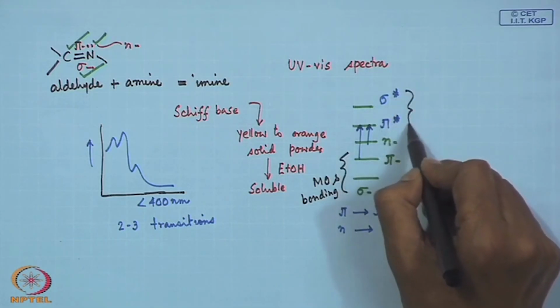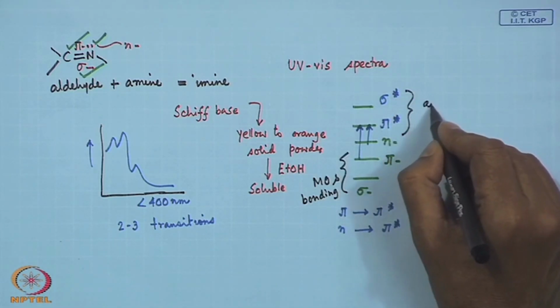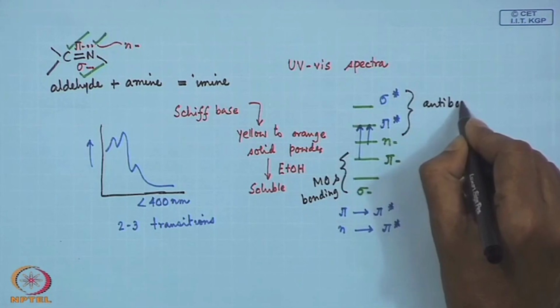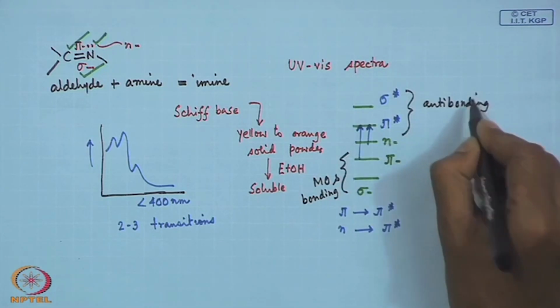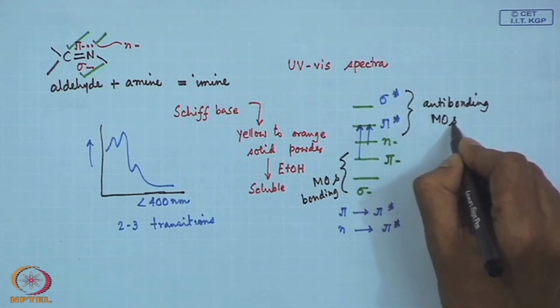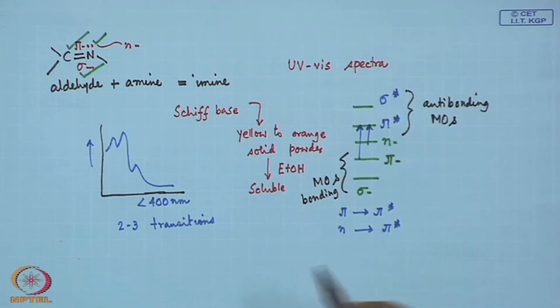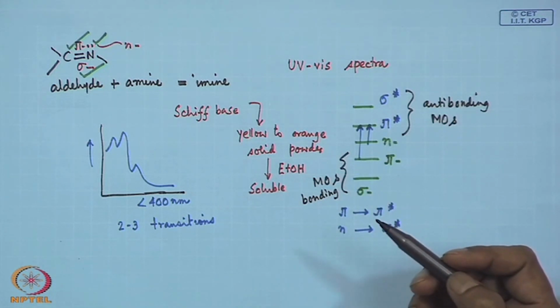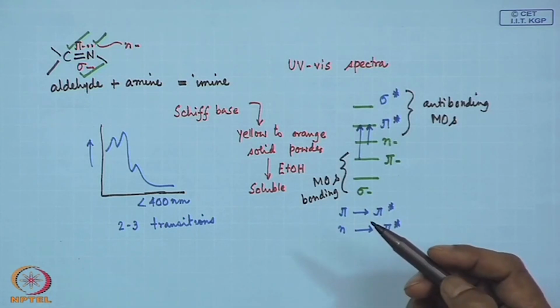And we have the corresponding anti-bonding molecular orbitals also. So, the same sort of ordering we will also see during the interaction.